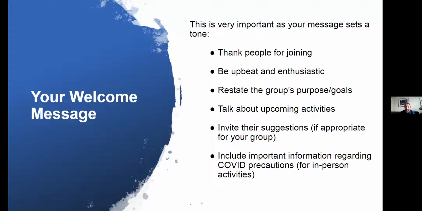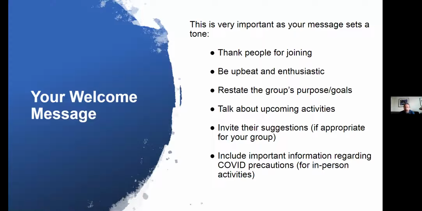You want to be upbeat and enthusiastic, not necessarily over the top, but just communicate that you're happy that they joined. You might also restate very briefly the group's purpose. They already joined because they liked the description of the group, so you can exclude that, depending on your group.